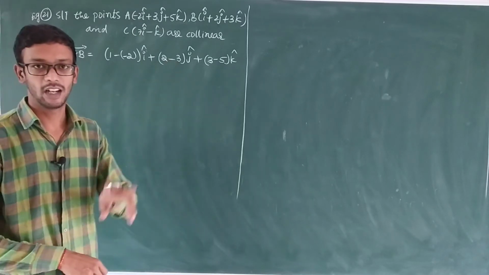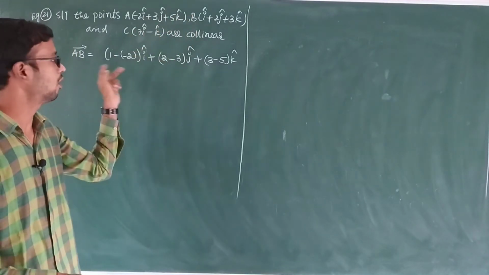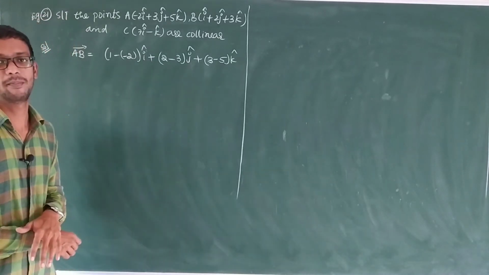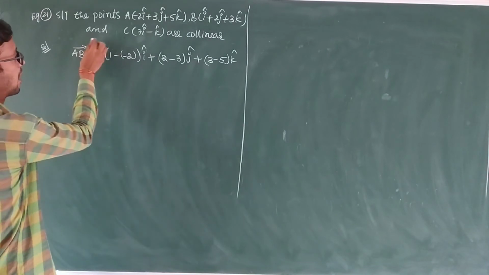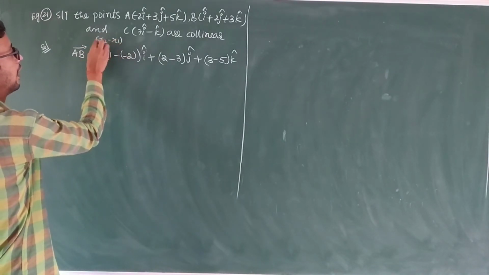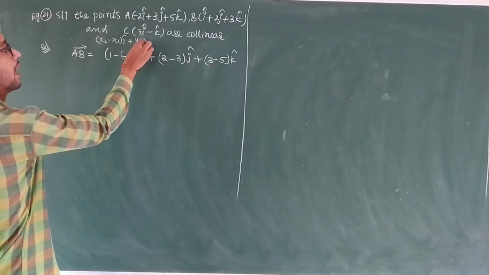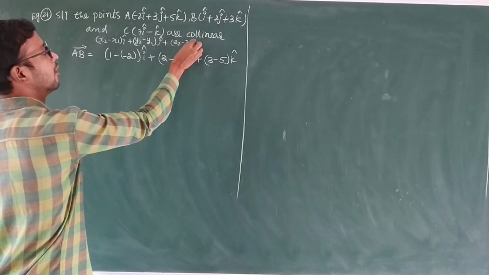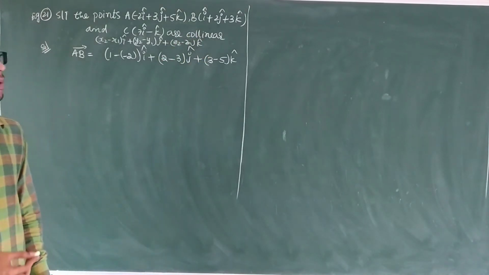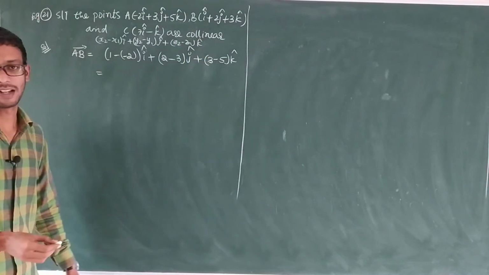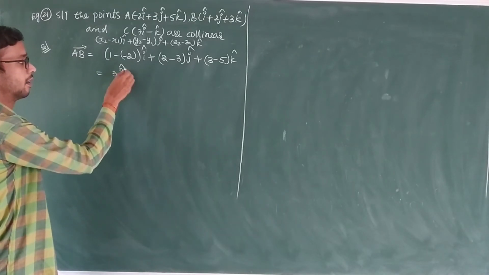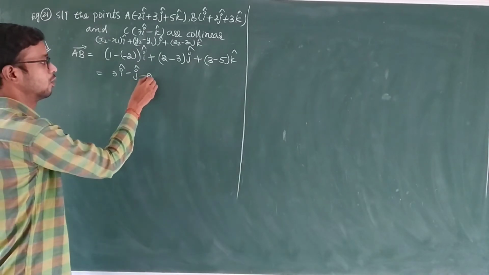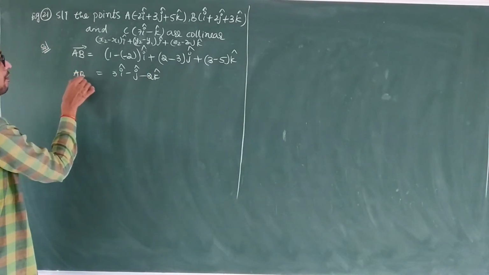This is the way of finding the vector joining the 2 points, using the formula x2 minus x1 i cap, y2 minus y1 j cap plus z2 minus z1 k cap. By using that formula we simplify: 1 plus 2 is 3 i cap, minus j cap, 3 minus 5 is minus 2 k cap. This is the AB bar vector.